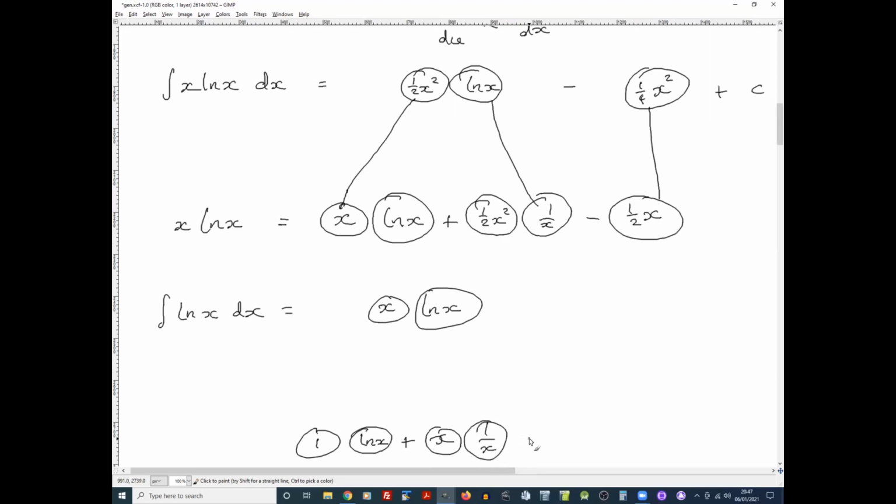You'd have x over x, which is 1. So we've just got to integrate 1, and that goes to x. So the integral of log x is x log x minus x.